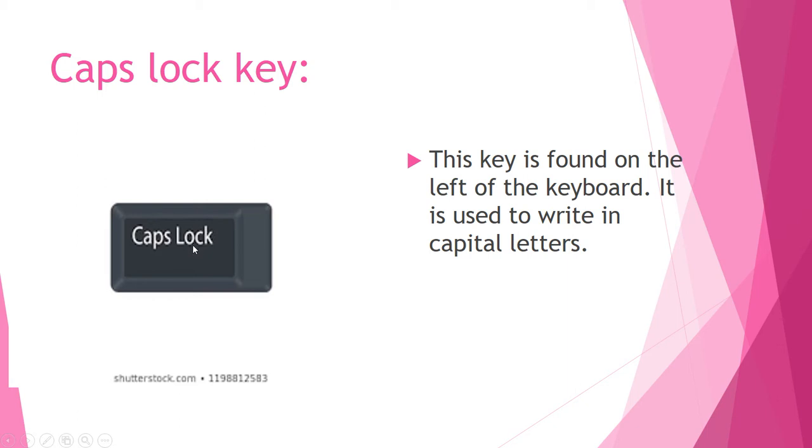It is turned on if we press the caps lock key once. All the alphabetic keys we press then show as capital letters on the screen. Once again, if you press the caps lock key, then all the letters you write show in small letters.